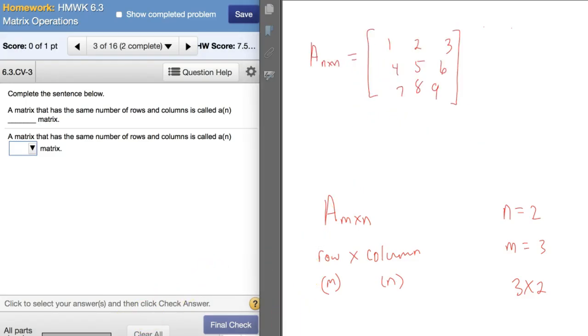In this case, what I have drawn here is a 3 by 3 matrix. We see here that the rows and the columns are the same, and you see how this would look like a square. If we put a box around this, it looks like a square because the dimensions of the rows and the columns are equal to one another.